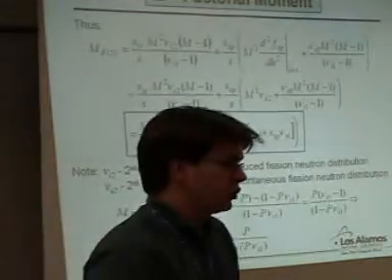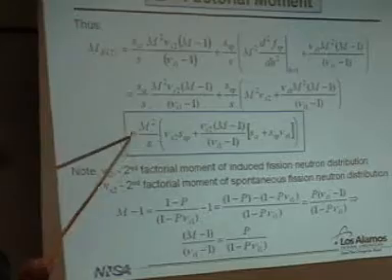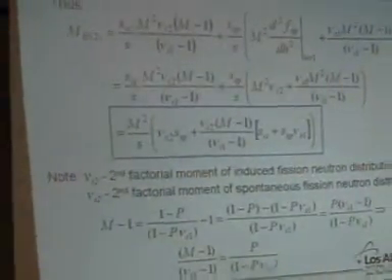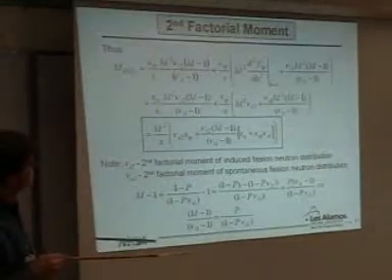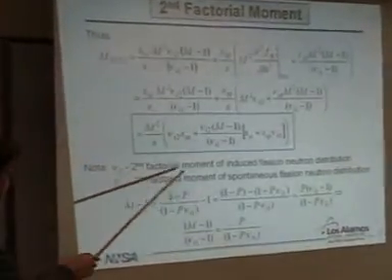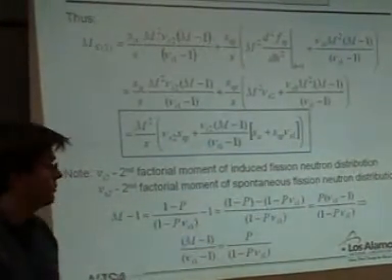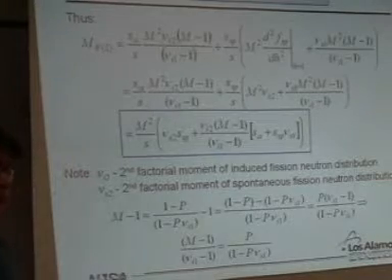Okay? But you do the same thing with the second factorial moment, and you end up with that equal to something that's starting to look very familiar if you're familiar with the point model. Where again, I've introduced nu I2 as the second factorial moment of induced fission, and nu S2 as the second factorial moment of spontaneous fission. Where are those defined in the equations?